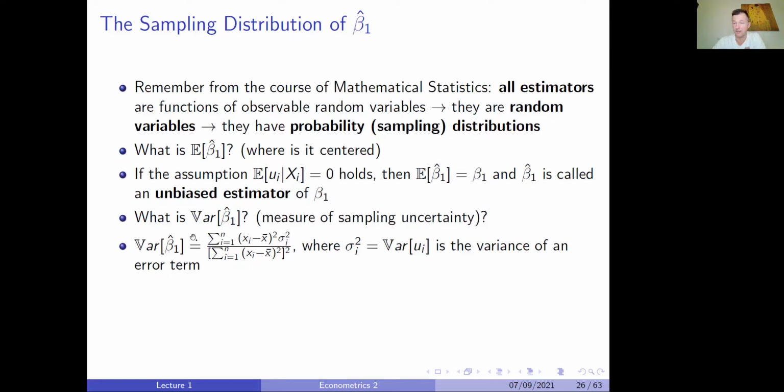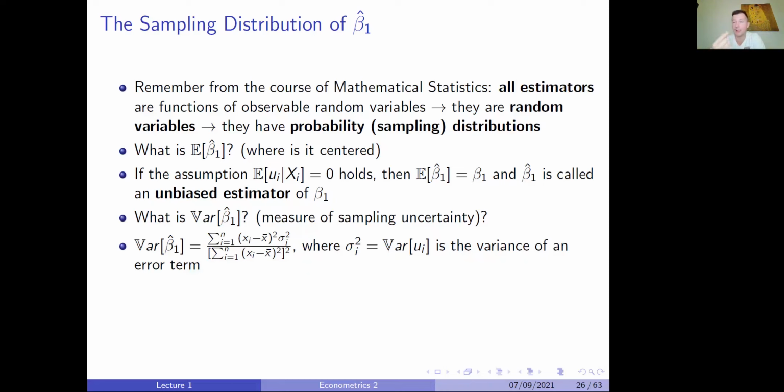Looking at this formula, you can guess that if the variation in X is large enough, then the denominator is going to be huge, because if the distribution of x's is very large, this sum is going to be also large. And then the variance of beta 1 hat is going to be small. That's what you actually want.